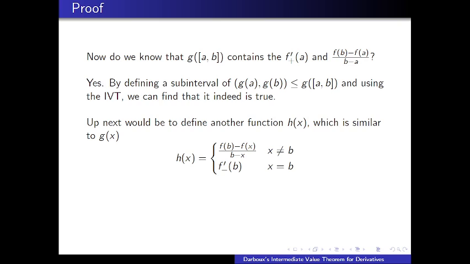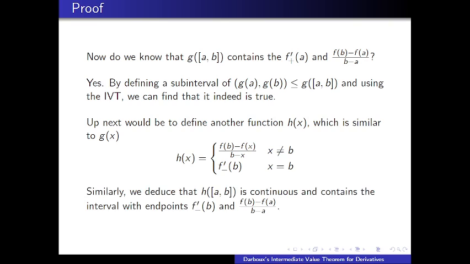Then similarly, we can define h(x) and kind of swap around a and x, then replace a with b and so on. Then we get h(x). But note that when x equals b, h(b) equals f'-(b). As such, h is continuous on this interval and contains the endpoints as well.